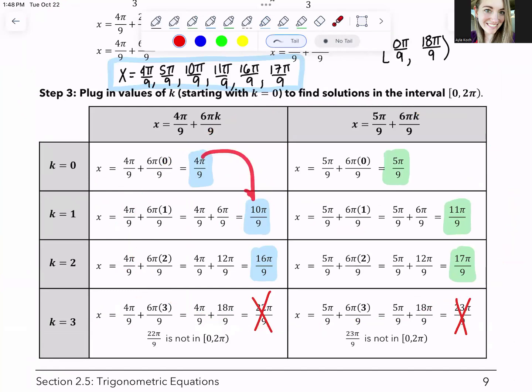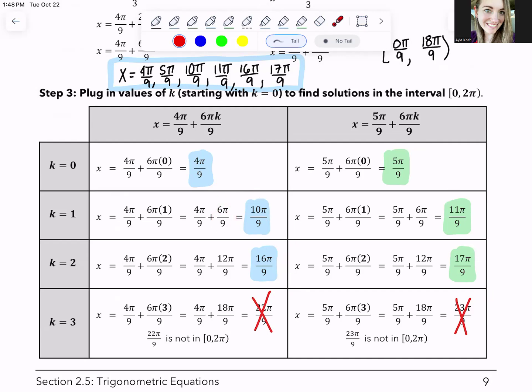Went 4 pi, 4 plus 6 is 10, 10 plus 6 is 16, 16 plus 6 is 22. Over here, 5 plus 6 is 11, 11 plus 6 is 17, 17 plus 6 is 23. And it is no coincidence that the number over here was 6 pi over 9. You're just adding an additional 6 pi over 9 each time. So that's how those numbers were jumping.